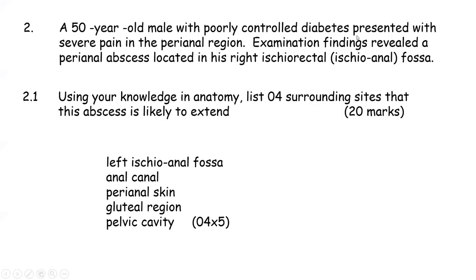We have added diabetes here to make it a real scenario, because each and every person will not get this type of abscesses. These are usually common among people with diabetes, because their immunity is low and they can easily get infected, and because of the high sugar level, the infections in them are not really controlled well.